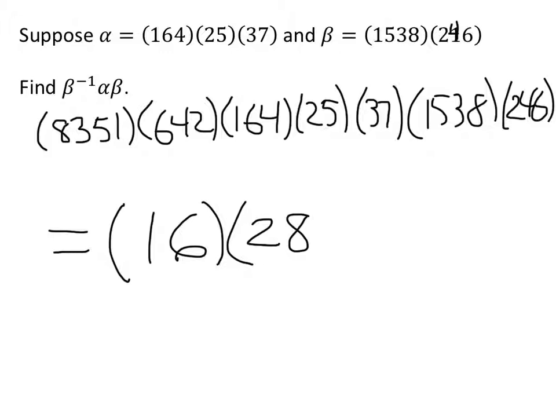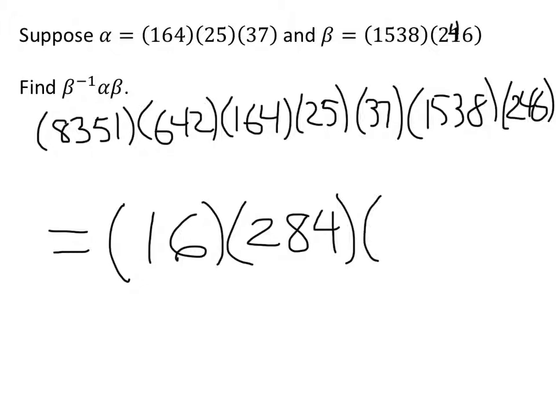And then 6, look at that. 6 maps to 4. And then 4 is unchanged. So we're at 4. 4 maps to 6. 6 is unchanged. 6 maps to 4. 4 maps to 2. 2 is unchanged. So we're back to 2, which means we have to close our cycle.